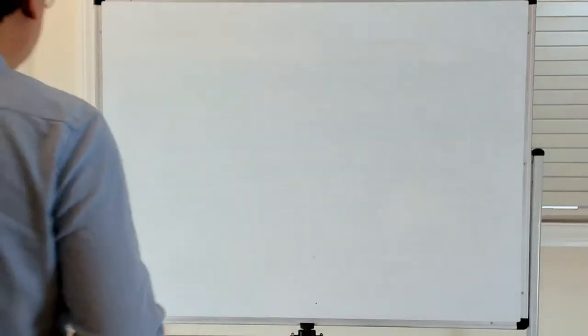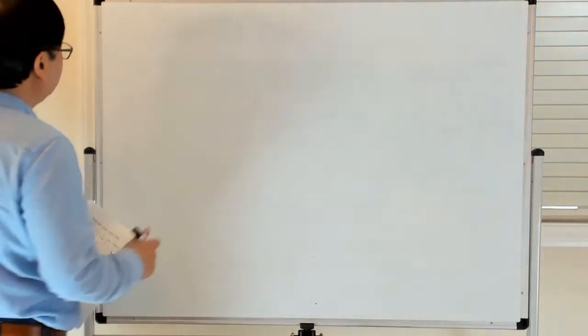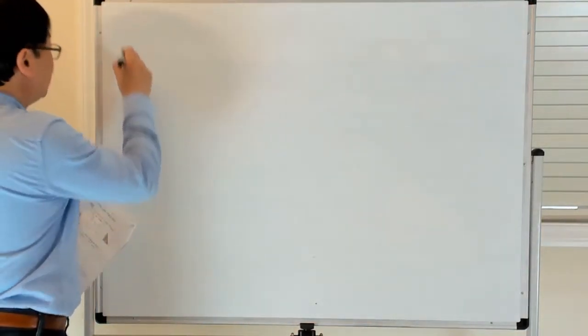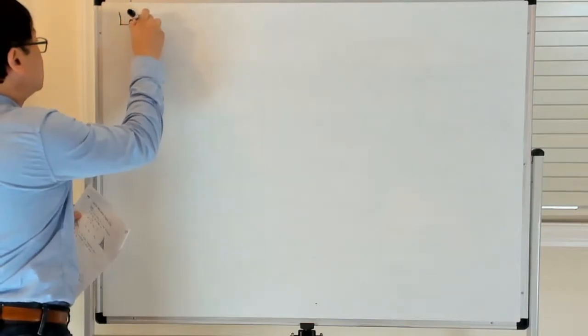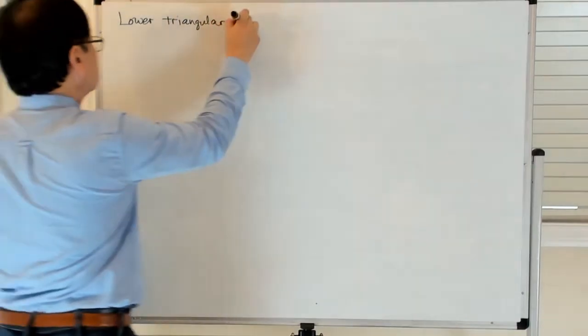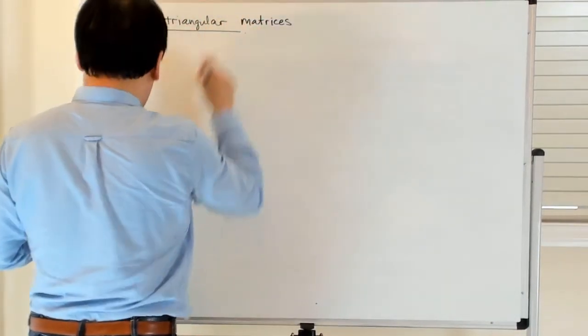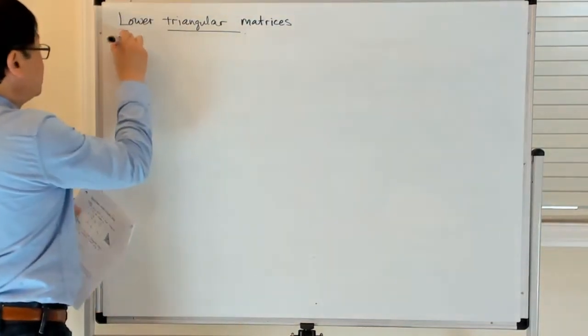All right, so now we're going to talk about a few important special cases, the first of which is the case of lower triangular matrices. Okay, so the definition is as follows.